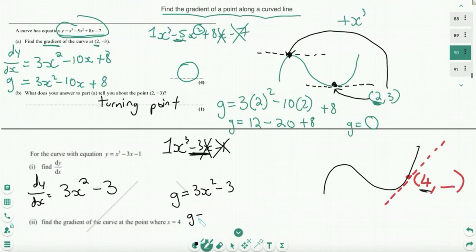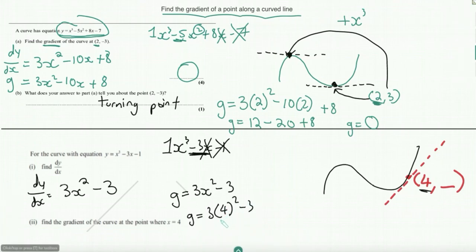So g is equal to 3 times 4 squared minus 3. And we'll just solve for g. So indices first. 4 squared is 16, times 3 is 48, minus 3 is 45. So at this point, the gradient is 45. And that would be your answer.